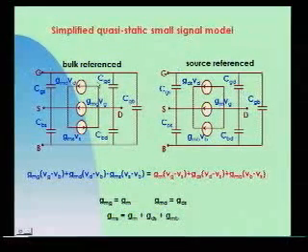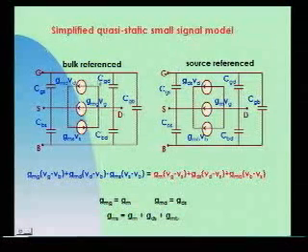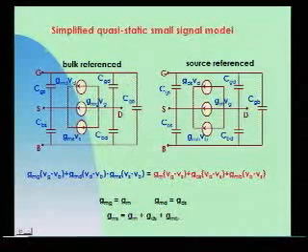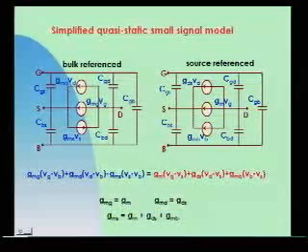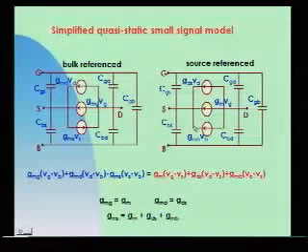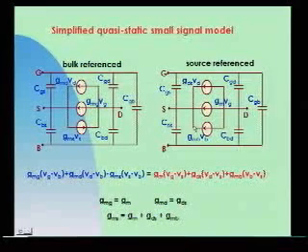Here is, I think, the simplest model that you can have for quasi-static operation. And we have 3 transconductances and 5 capacitances. It's not complete. For charge conserving purposes, it will fail.